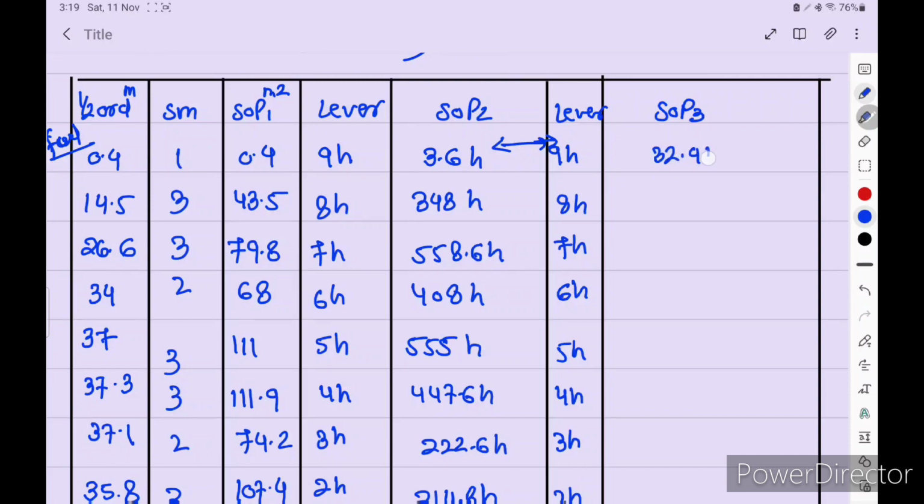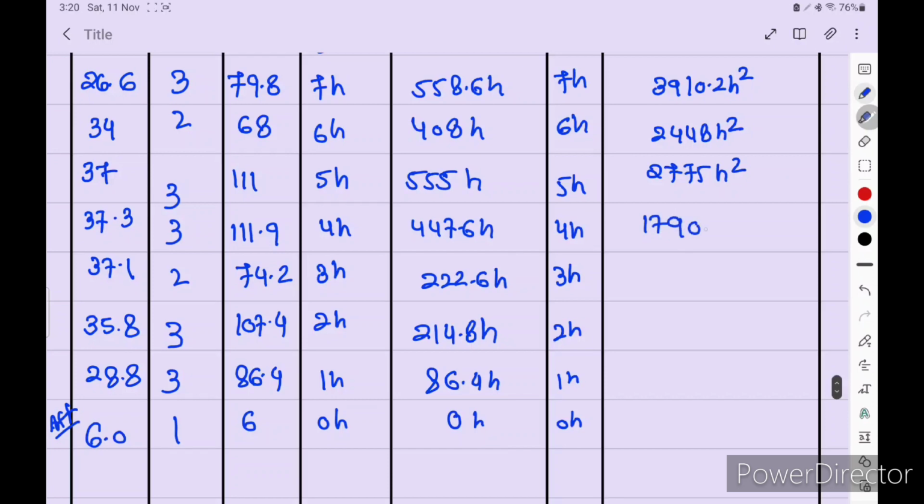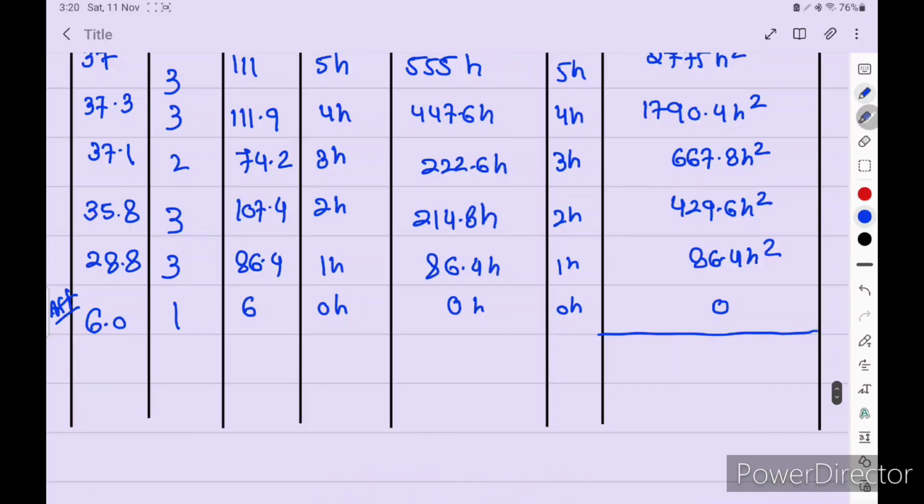So 32.4h square, 278.4h square, 3910.2h square, 2448h square, 2775h square, 1790.4h square, 667.8h square, 429.6h square, 86.4h square and 0.